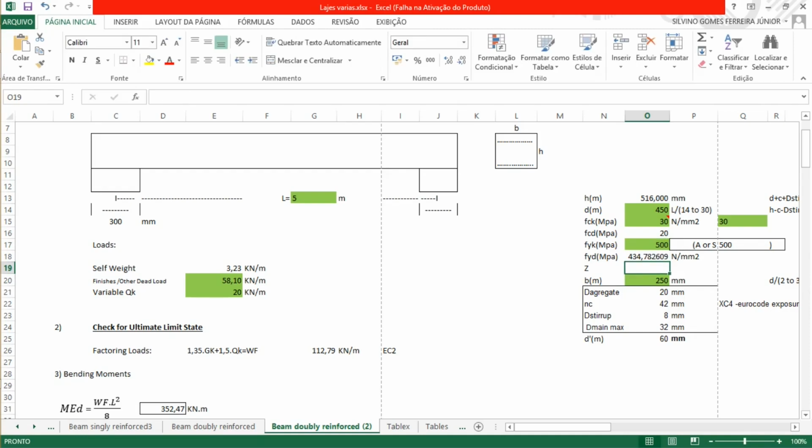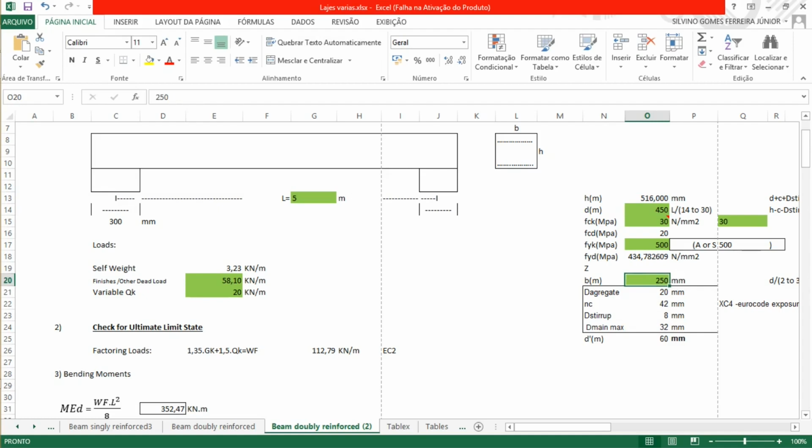Okay, we have everything. Since we have the nominal cover, this is how we got the total depth that we are estimating, 516, and 215 for width.